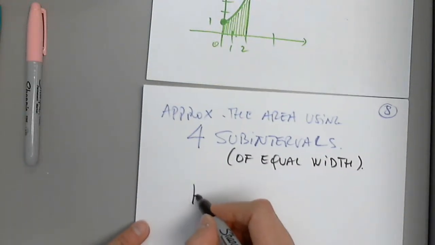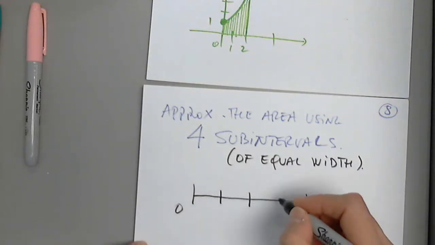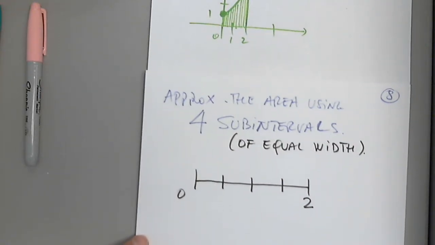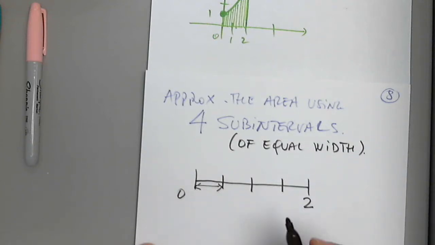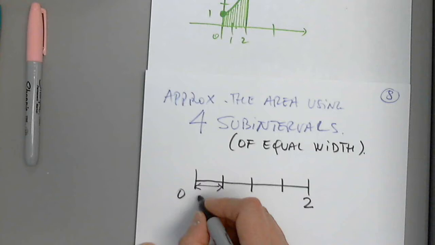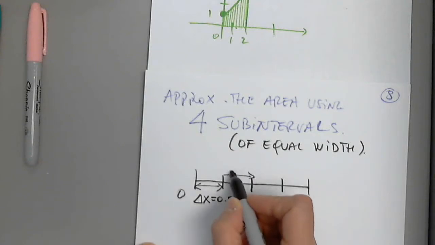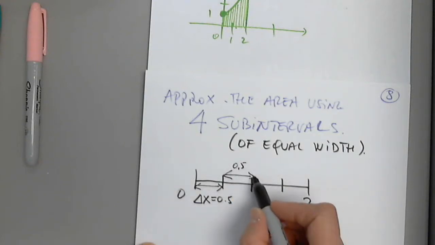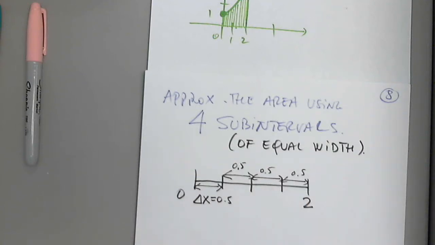So the interval between 0 and 2 will be divided equally into 4 parts. This is the width of the subinterval, we will denote it by delta x. And it is 0.5. And of course, this one is 0.5. Same width, and this one is 0.5. And of course, this one is 0.5.